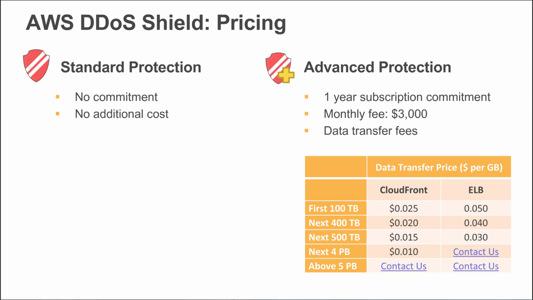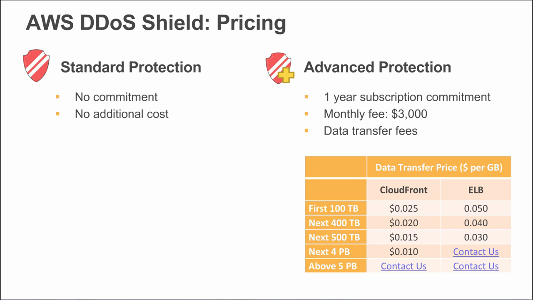And these resources, as we looked at earlier, could be a CloudFront distribution or an ELB or a Route 53 hosted zone.